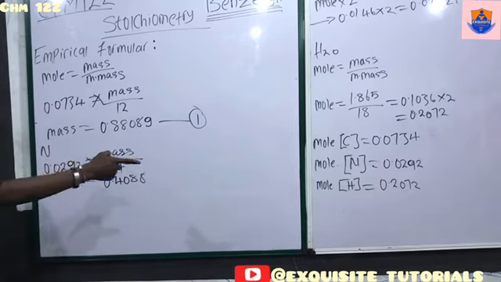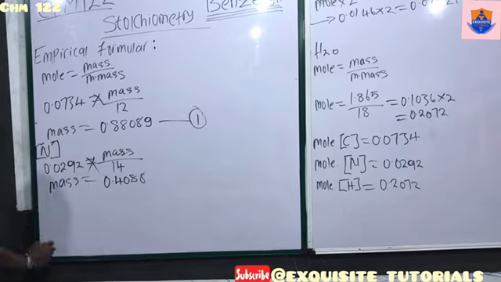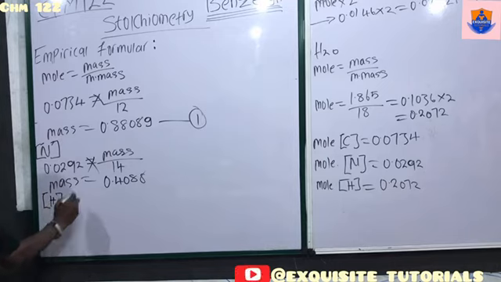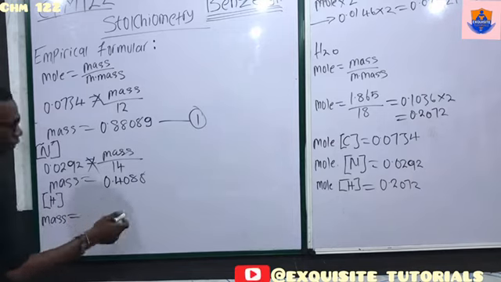Now for the hydrogen, we should have the mass as mole times molar mass, so we have to cross multiply directly.